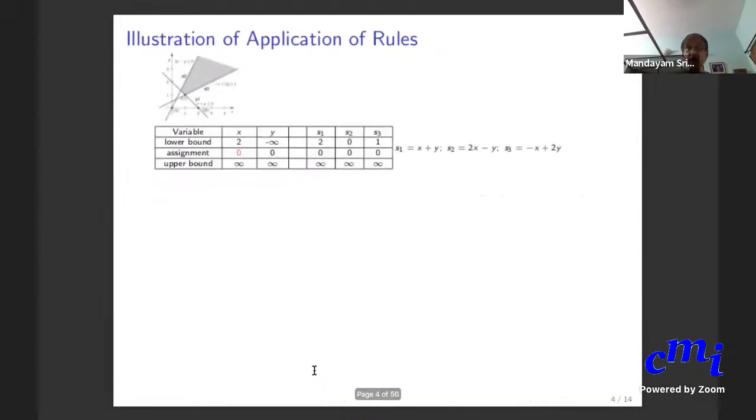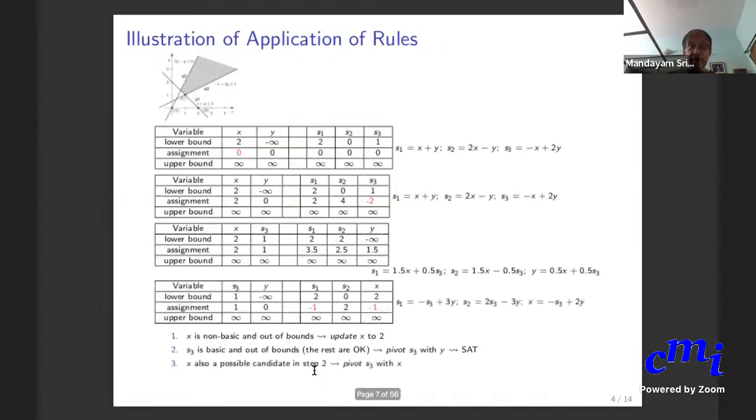In this case, S3 is set to 1, and therefore it is never possible for it to move immediately back into the basic set, because the one that gets pivoted out of the basic set will always be set to its lower or upper bound.